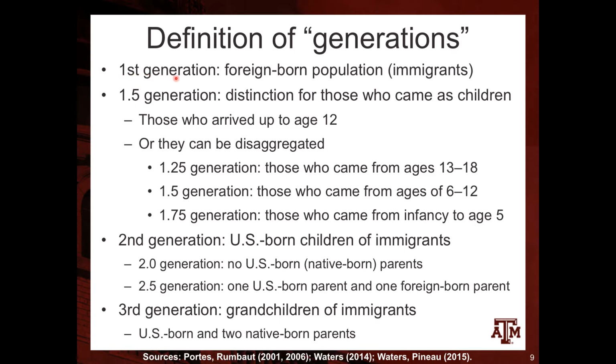But out of these first-generation immigrants, it's also interesting to differentiate the 1.5th generation. That's a distinction for those who came as children. So, giving the same example for the US, there are children who arrived in the US up to the age of 12.